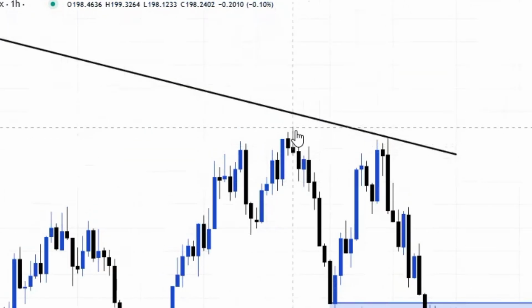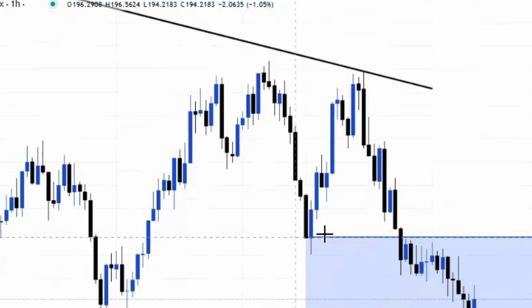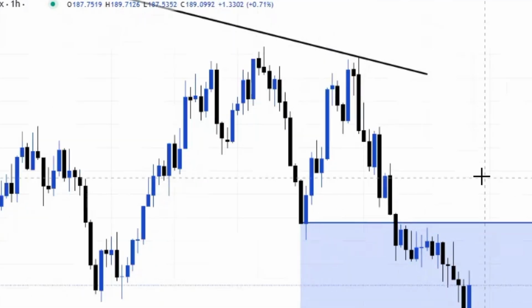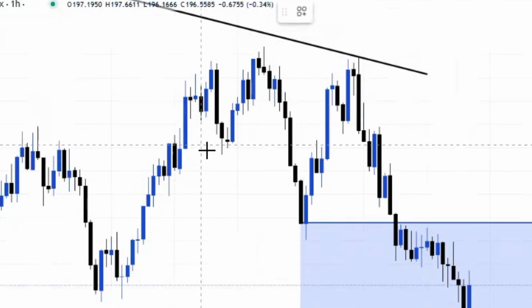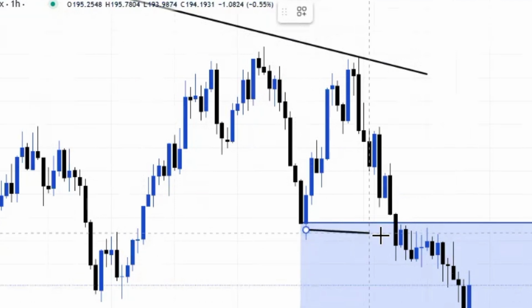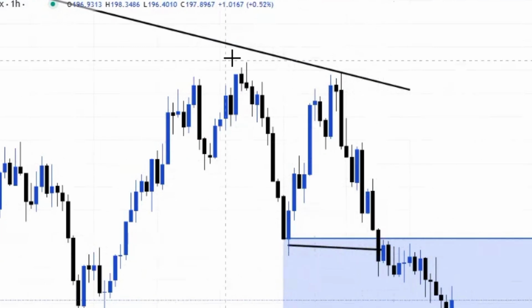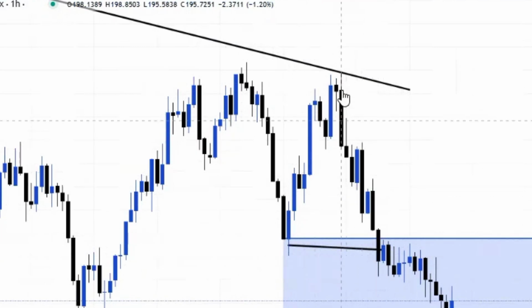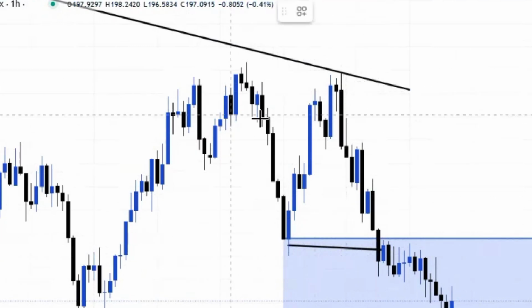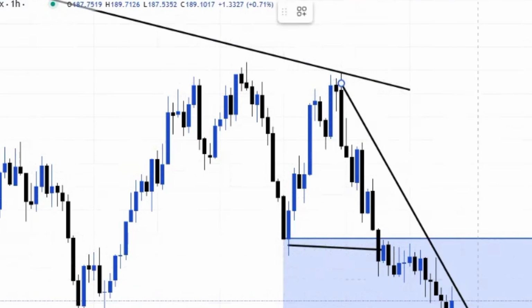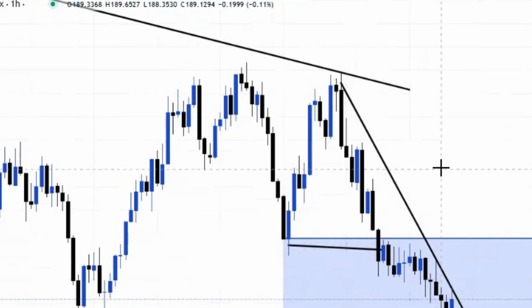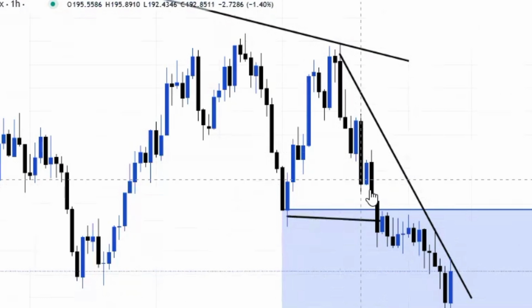But if you look from here, we have a structure that was created, and this tells us that price is actually bearish, because we can see there is a break of structure, a break of this low, and we can see the market going down. From the look of things, price is giving us a bearish move.